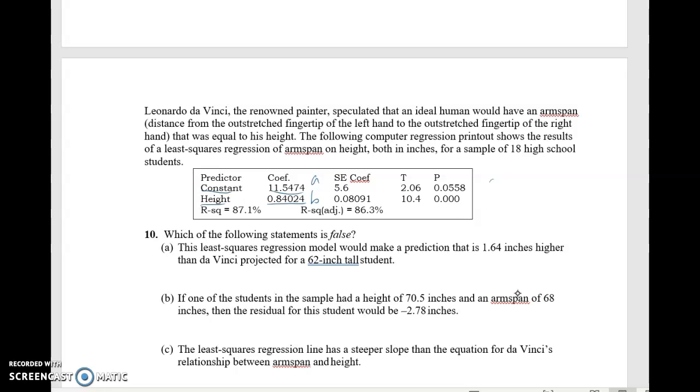So if we were to think about this, arm span hat equals 11.5474 plus 0.84024 times height, okay? So we have arm span and height, that's how we would write our equation.